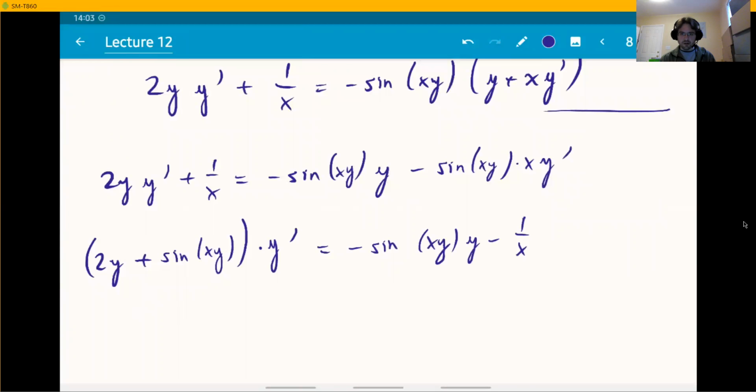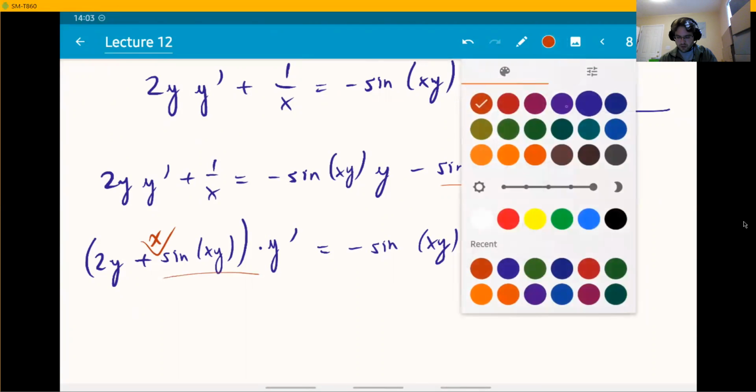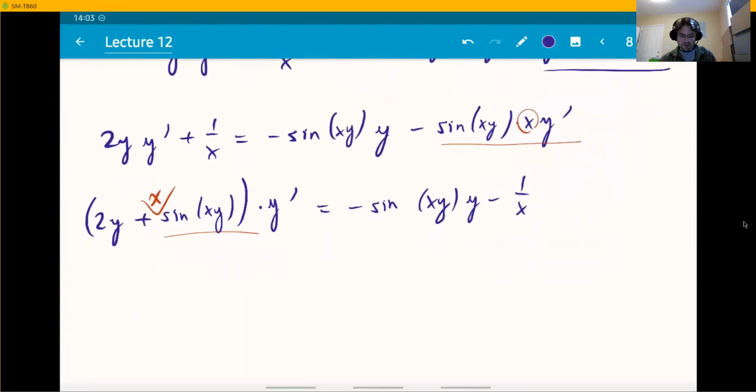I forgot an x here, right here. This term has an x. That's where this new term here came from. All right, so solving for y prime means now just dividing by this factor of 2y plus x sine xy. In many occasions, you actually want to do this.